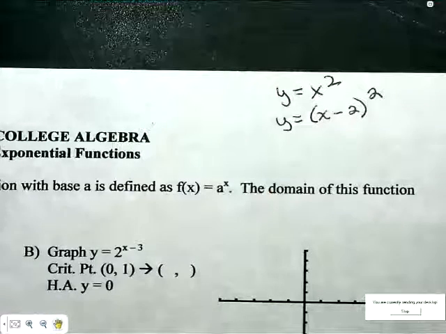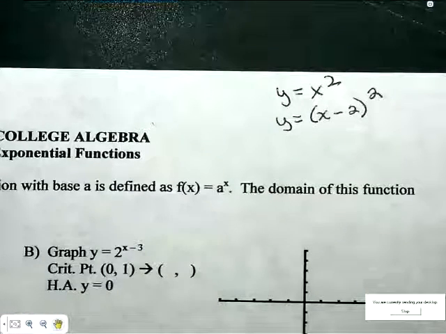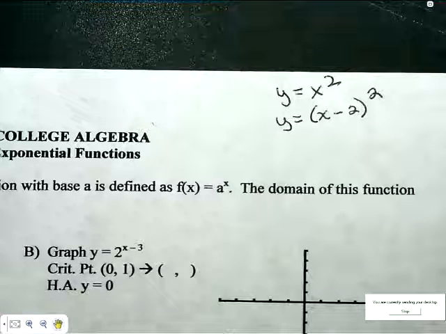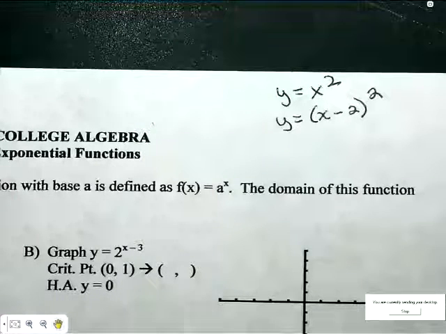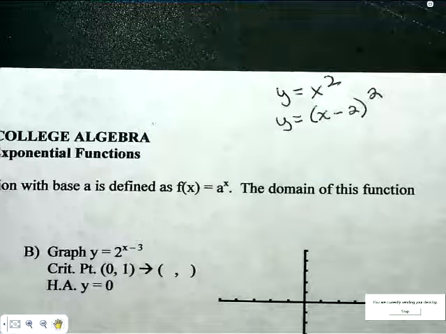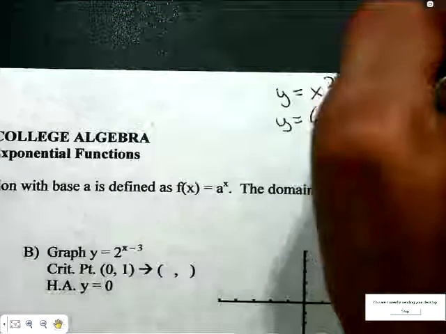Opposite of the guy inside, because that's the horizontal shift, and the horizontal shift has always worked the opposite of what we expected. What's added or subtracted before you do the squaring, the cubing, the absolute valuing, whatever you're going to do, before you apply that function, what's added or subtracted is your horizontal shift. So remember that moves the graph to the right too.